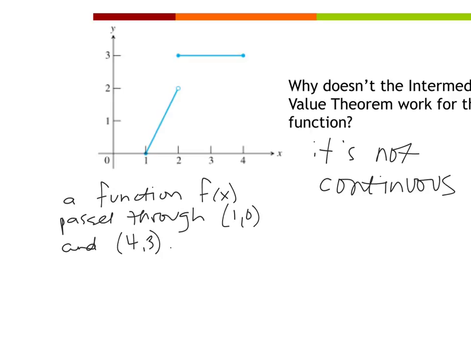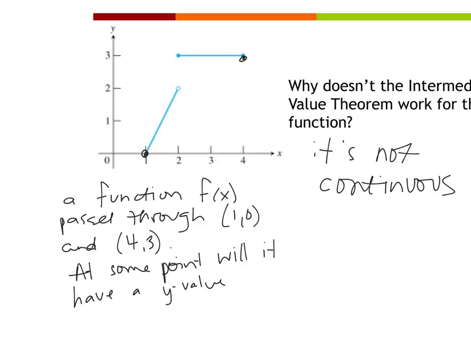And if I didn't say anything about it, like say you didn't even have this picture, that's true, because this goes through 1, 0, and 4, 3, and I said, so, at some point, will it have a y value of 2?